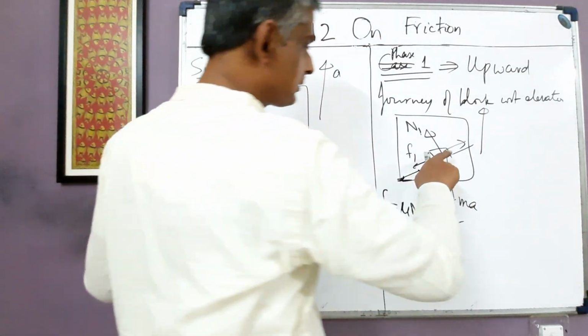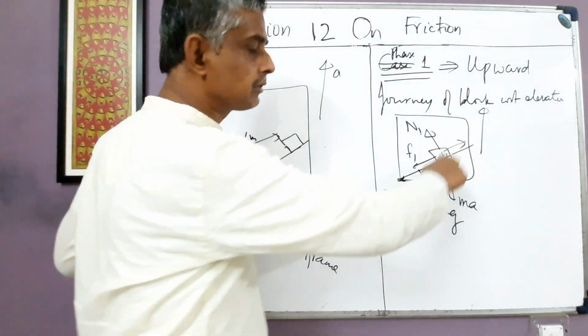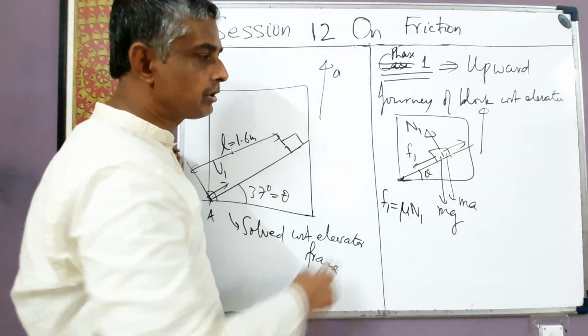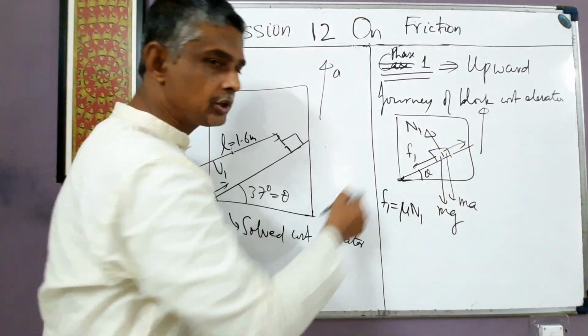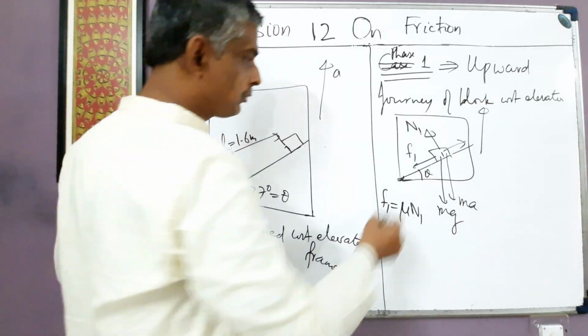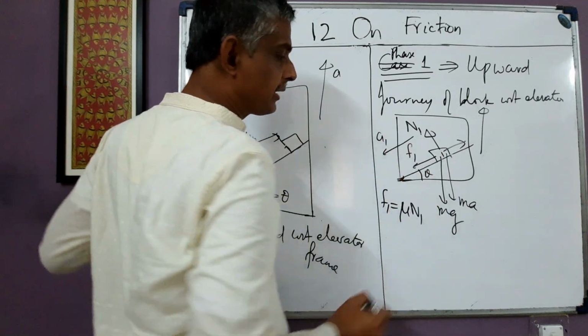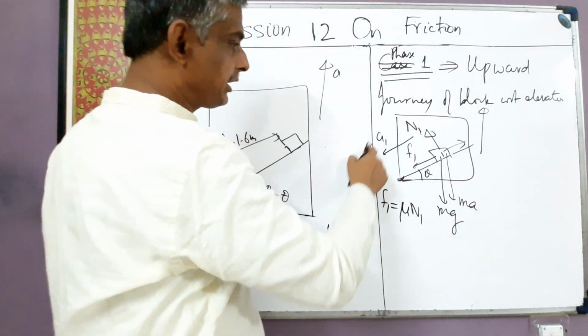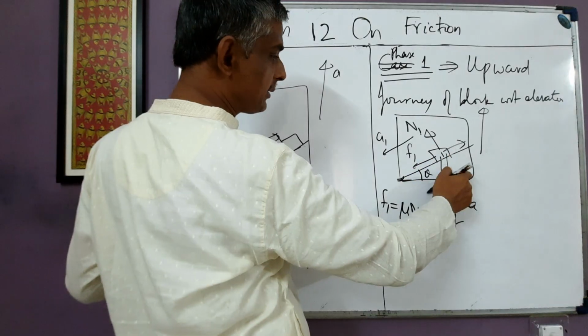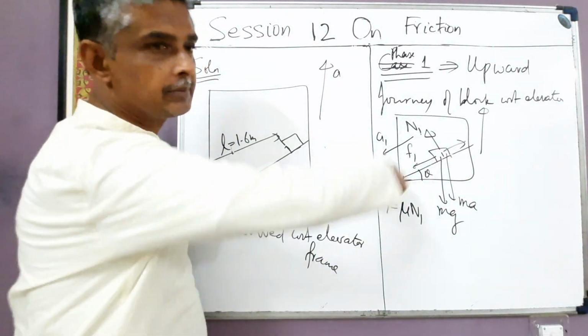While it is moving up, it is slowing down with respect to the elevator. That means during its upward journey, it is accelerating in the downward direction with respect to the elevator. Suppose its downward acceleration is A1 in magnitude. I apply Newton's second law to the block with respect to the elevator down the incline during its upward journey.